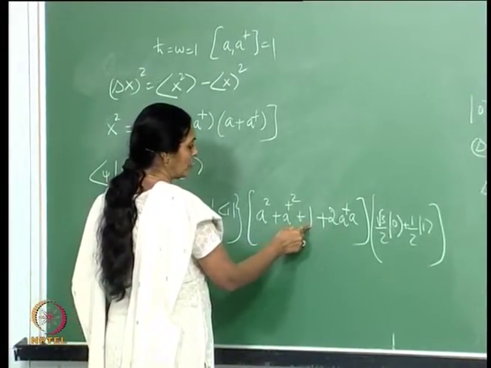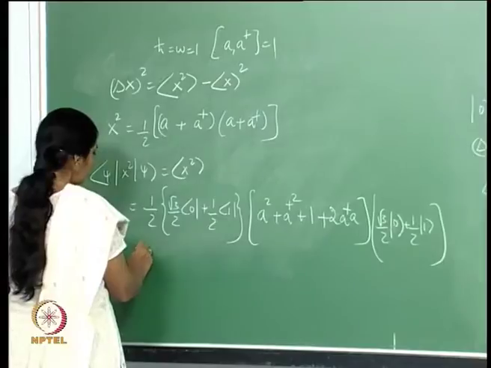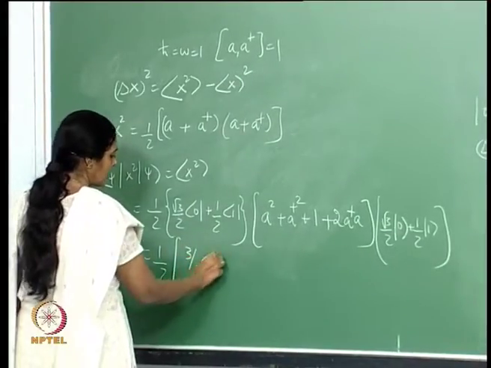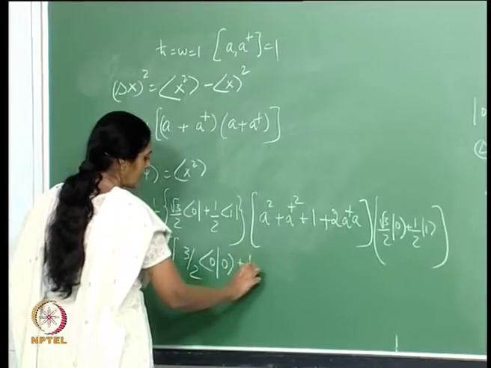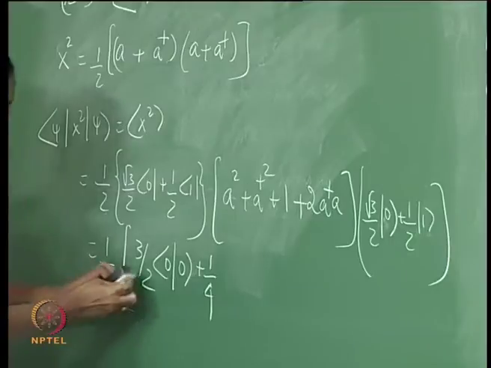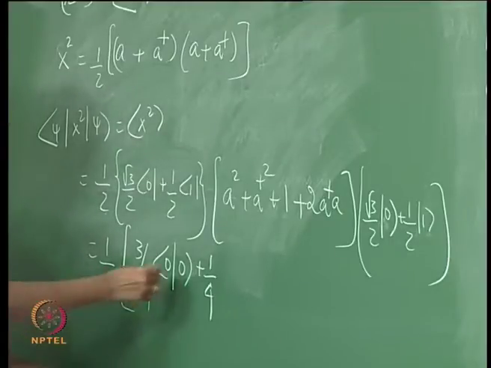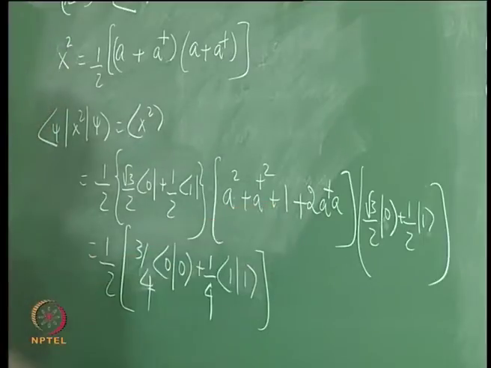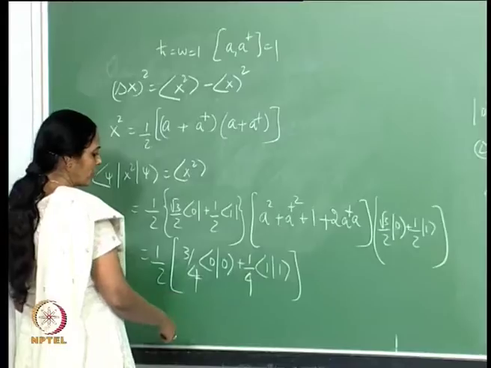There is a contribution from here. This is the identity operator. And therefore, from the first term, I get 3 by 2. And from the second term, I get a quarter. So this is simply the identity. And this is what comes out of that by way of contribution.